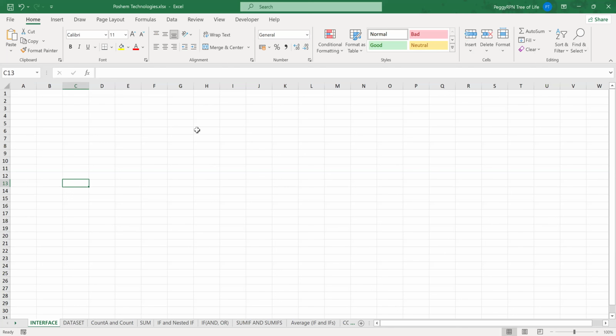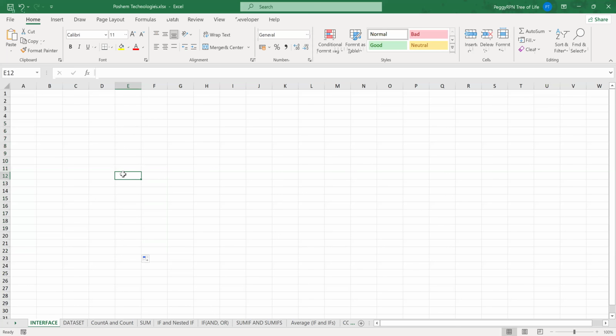All of these small boxes you see here are called cells. Wherever you see this green line, it's an active cell. And this little dot here is called a fill handle, which you can use to fill a format down or to the right.